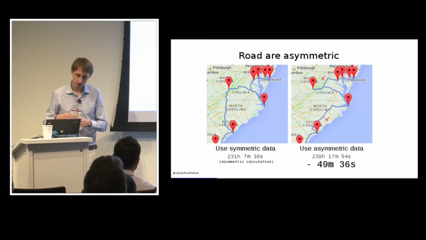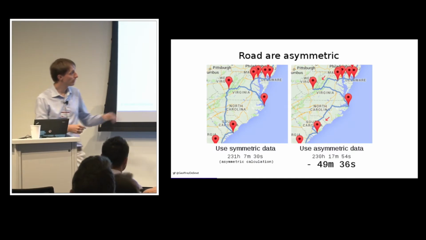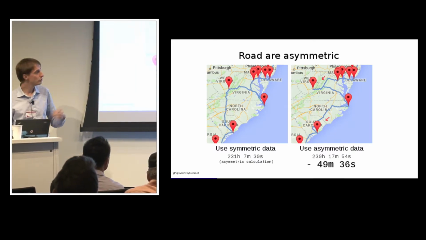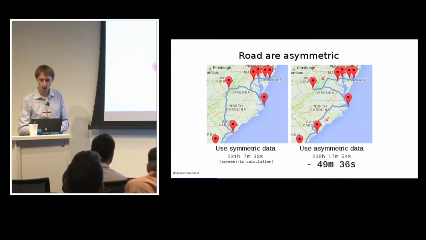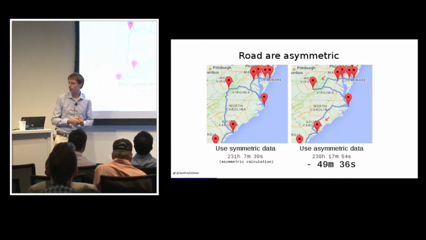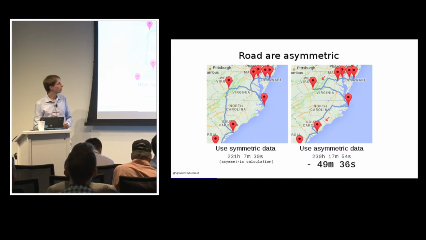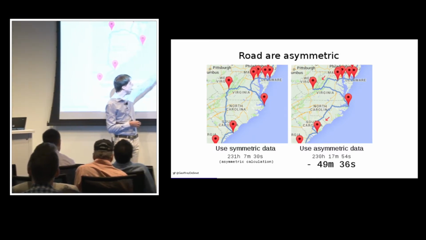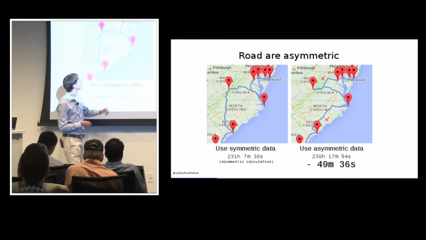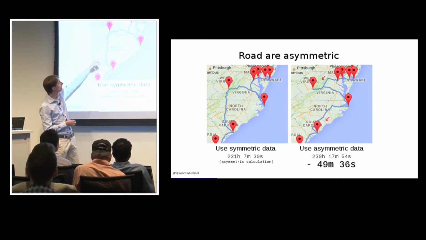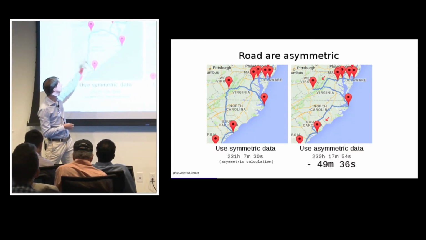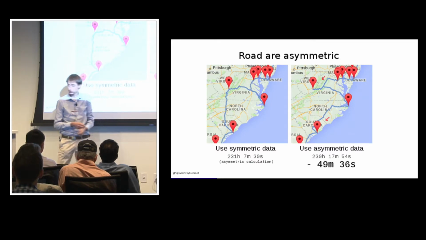And then we do another calculation where we use the asymmetric data in the optimization already, where we use the correct numbers and you don't make rounding errors in the optimization algorithm. You'll see that we get a different route around North Carolina. We're no longer going first to West Virginia and then to the coast, but the other way around.